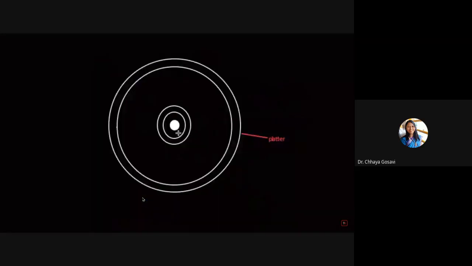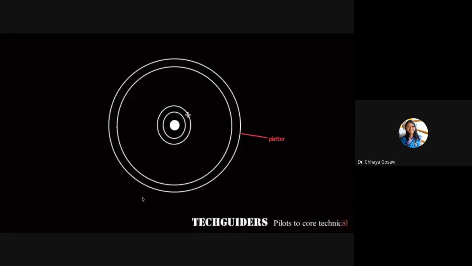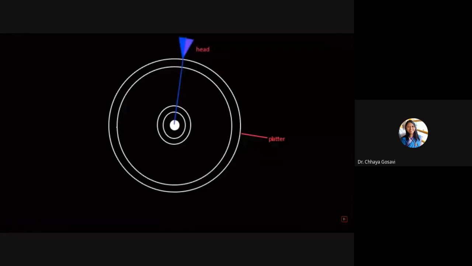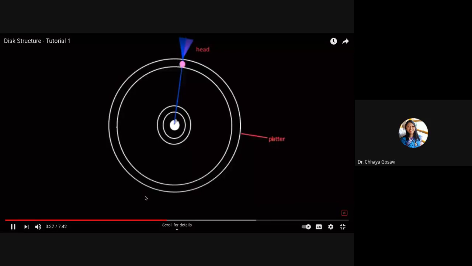To understand why, consider the top surface of one platter. Let this be the outermost track of the platter and let this be one of the inner tracks. Let the head be here on the outermost track. Now consider a line, and let this be a point along this line on the outermost track under the head.